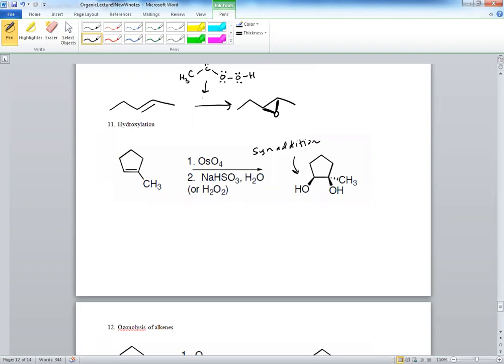Again, this is syn addition to the same side. Once again, if I have this, then what I am doing is I am adding the OH to the same side.